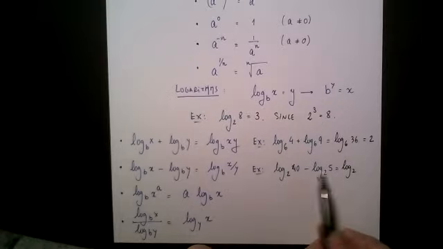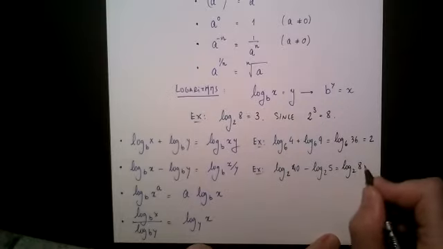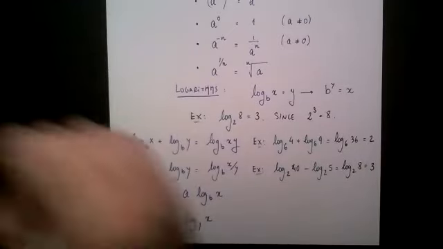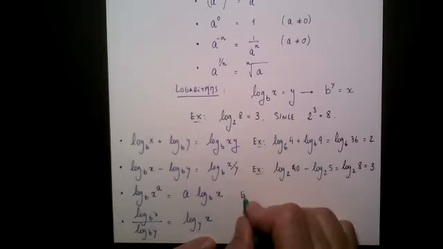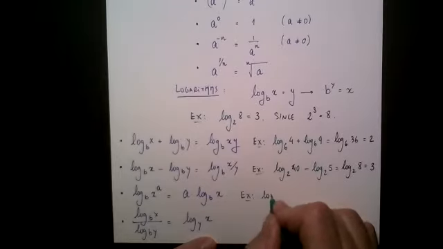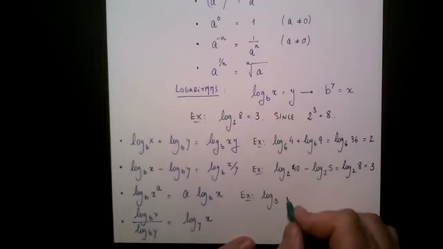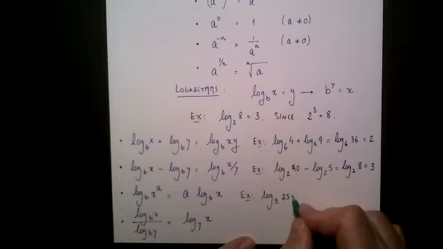Of 8. So 40 over 5 is 8. And that's, of course, 3. Okay? Example here. Log in base 5 of 25 power 15.